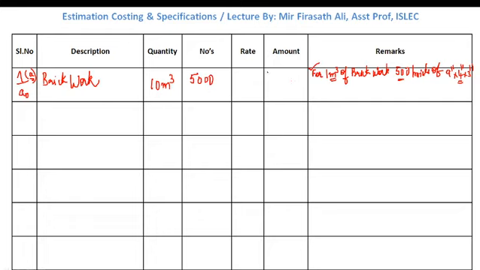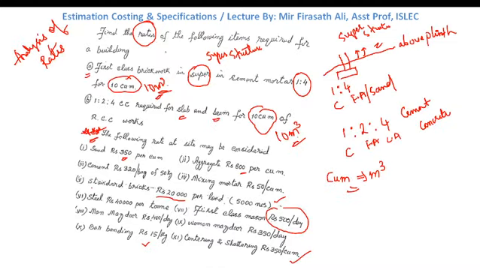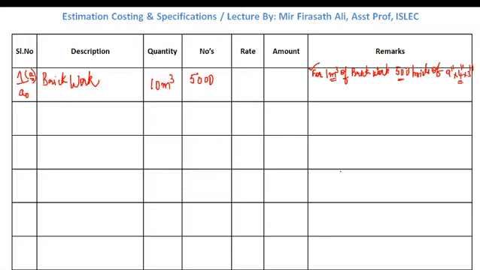What is the rate of these 5,000 bricks? It is given in the question: standard bricks 20,000 rupees per load, meaning 5,000 bricks. For 5,000 bricks the cost is 20,000 rupees.